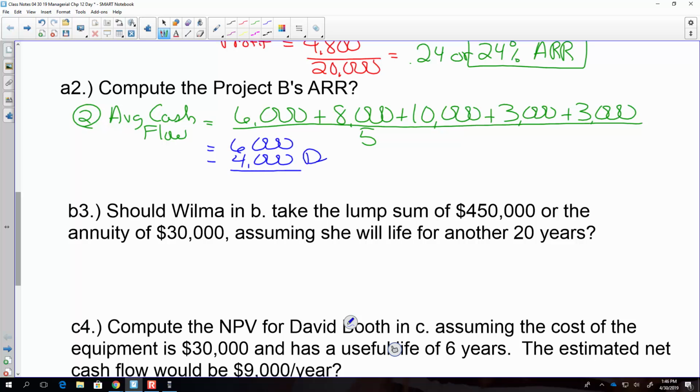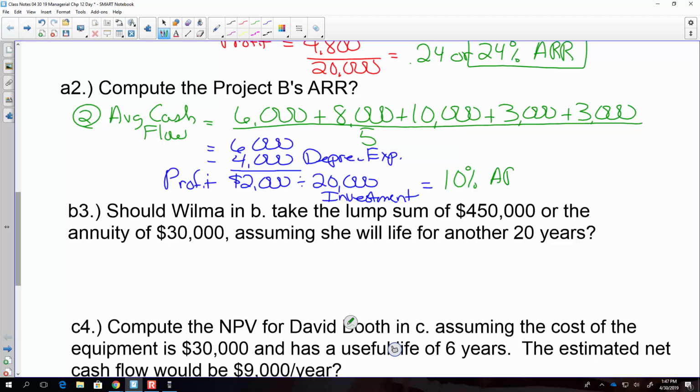This is my expense, to get my profit of 2,000. And I divide that by my $20,000 investment. And that looks like it's only 10%. So for project B, 10% is my accounting rate of return.